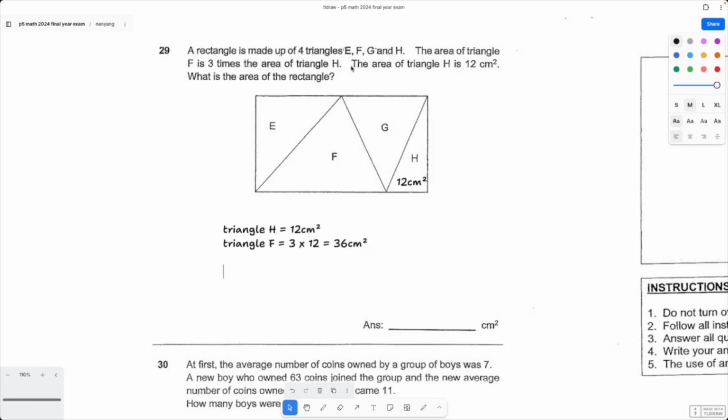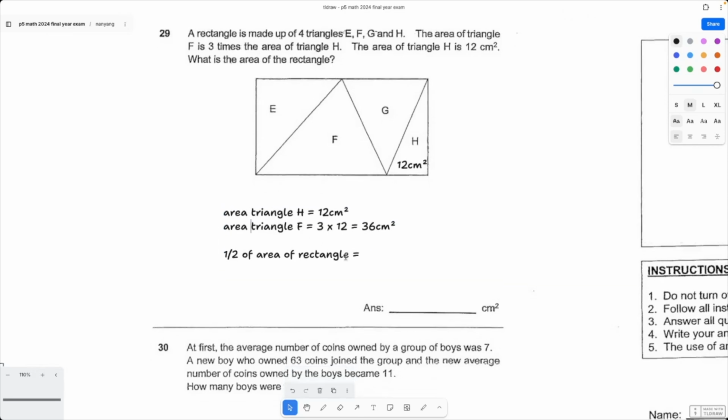Okay, so what is the area of the rectangle? What I'm going to say is that half of the area of the rectangle is equal to the area of triangle H and the area of triangle F. So half of the area of the rectangle is equal to the area of triangle H plus the area of triangle F, which in this case is 12 plus 36, which is equal to 48 centimeters squared, right?